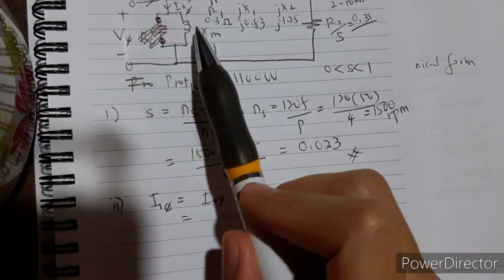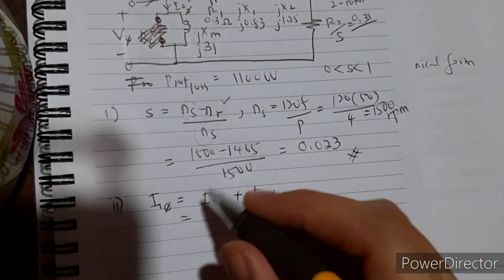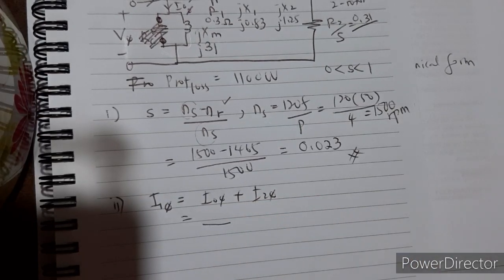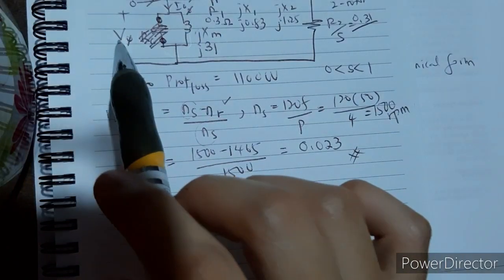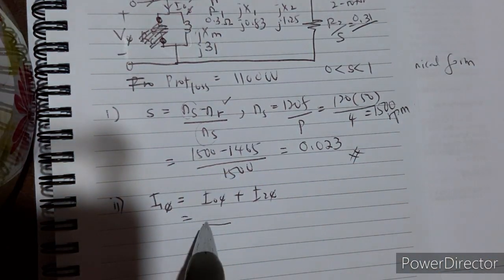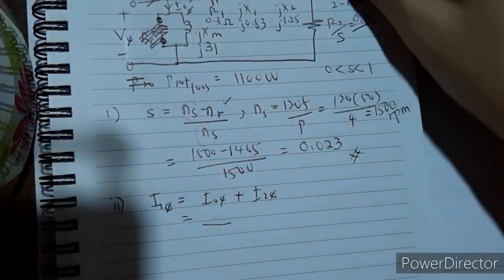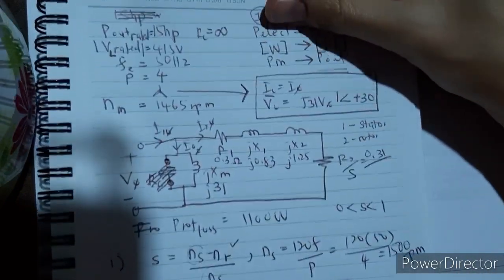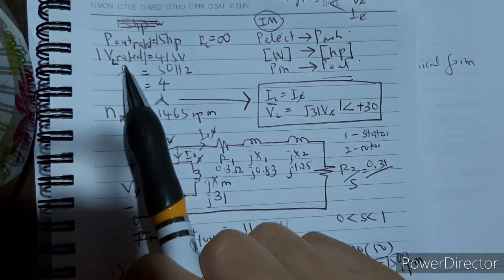So since we only have XM, that is J31, just divide by J31. But before that, V phase. Okay, so in this formula you need your V phase, right? But the given one from the question is V line.